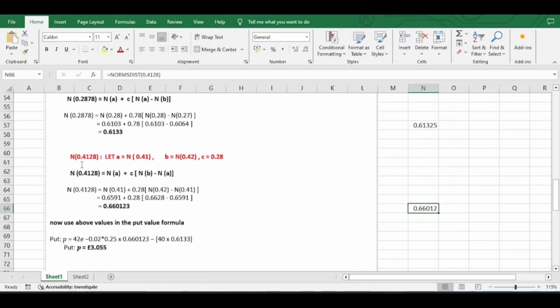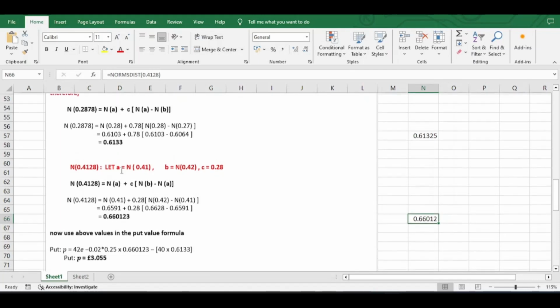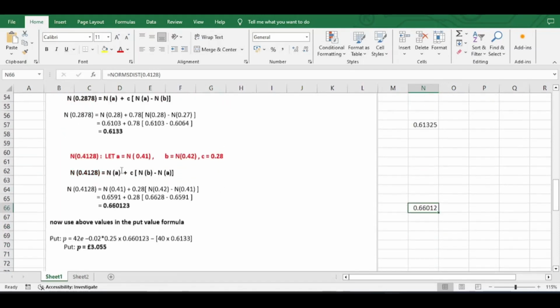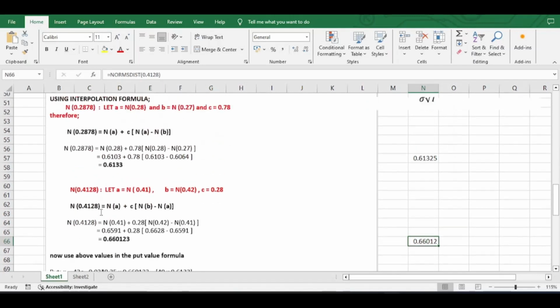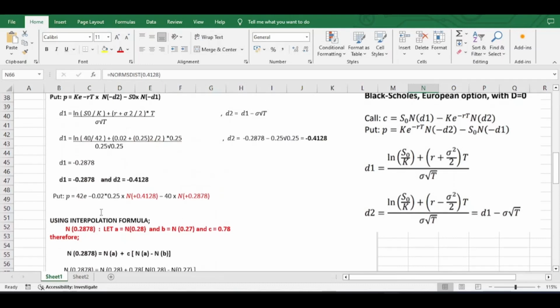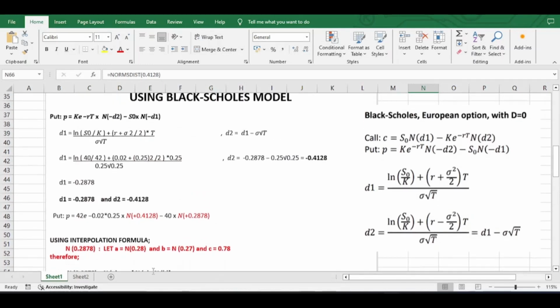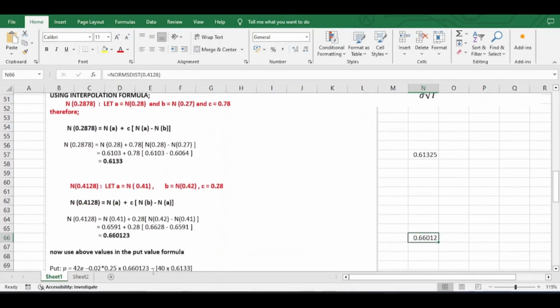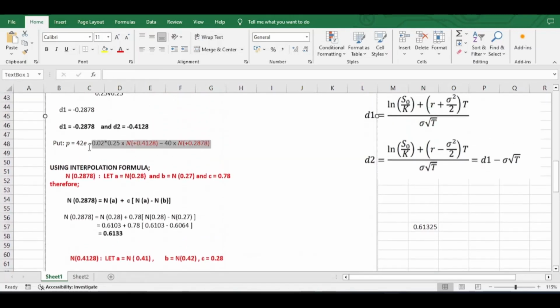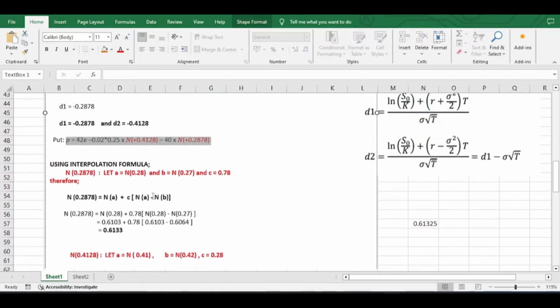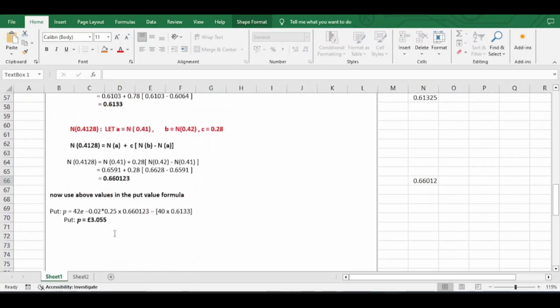Now, once you have the probabilities of the D values, you plug these values back into the formula. So I remind you of the formula. We have this formula. I have already copied it down here.